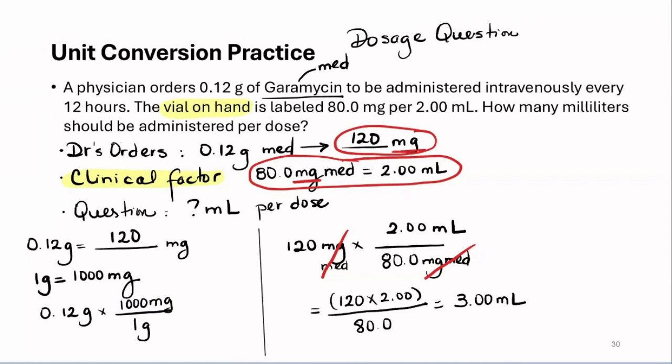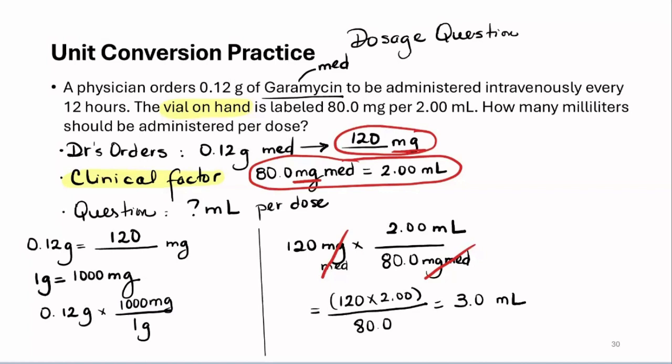When it comes to this question, technically, because the doctor's orders are with 2 significant figures, we can eliminate that second 0 that I placed there. Understand that when it comes to dosage questions, typically in exams, I tend to remind students to either give me a whole number or give me a specific number of significant figures.